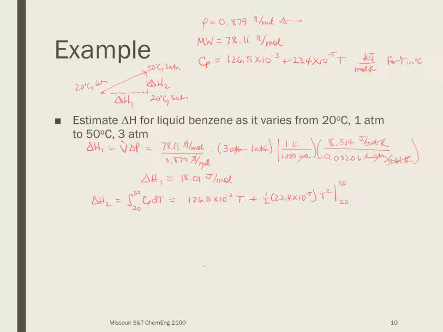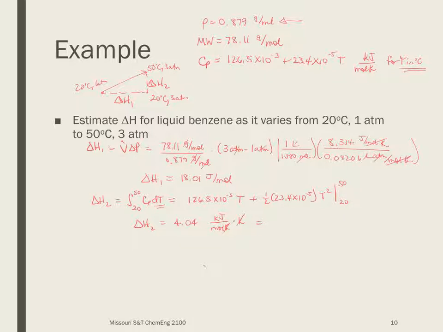I'm using degrees C because that was stated in the data table. If you plug these numbers in, I get delta H2 of 4.04 kilojoules per mole, since C sub P was in kilojoules per mole Kelvin times dT in Kelvin.